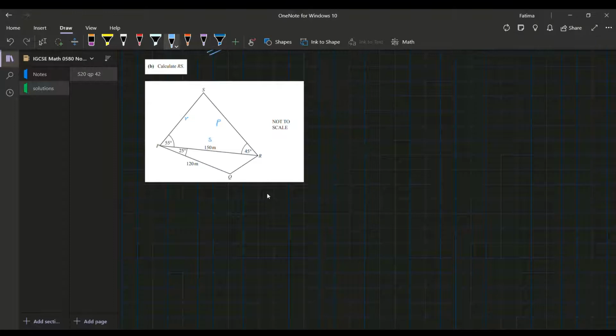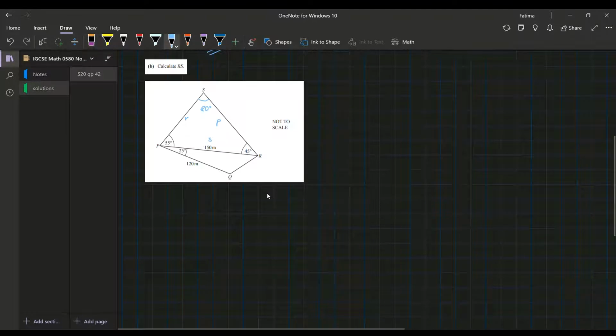So you can actually calculate what this angle will be. So that's 180 minus 55 plus 45, and that is 80 degrees. So I'll just write 80 degrees over here and erase the rest so that it doesn't get in the way.